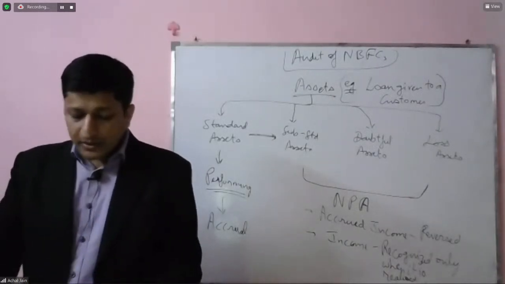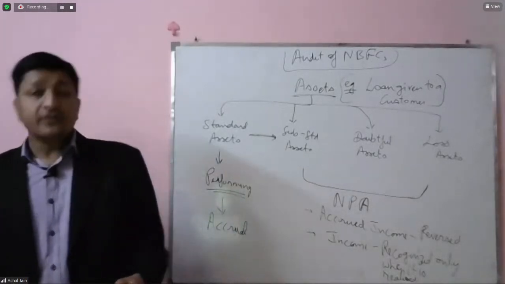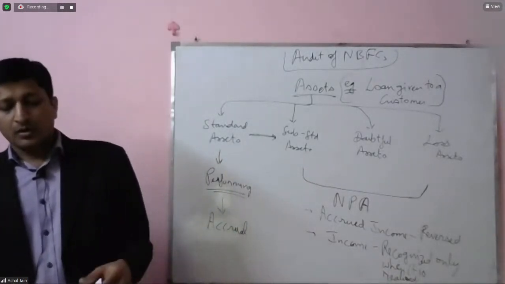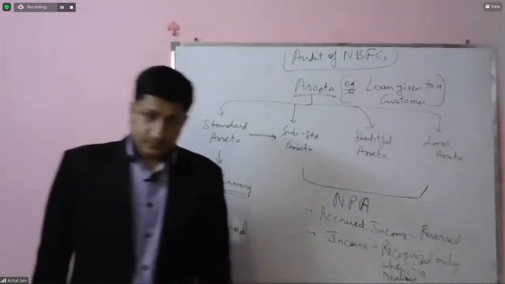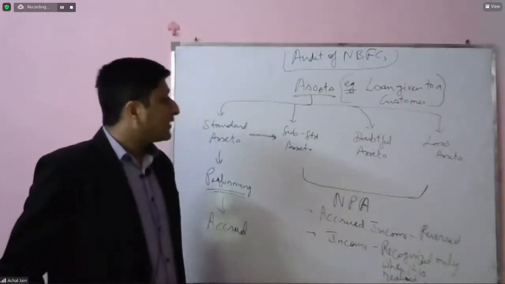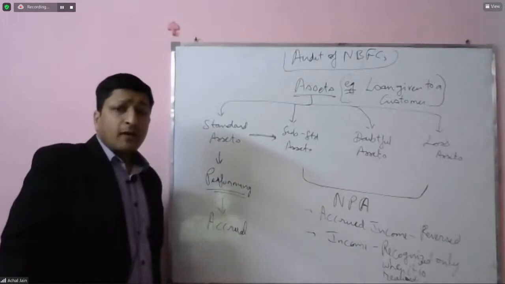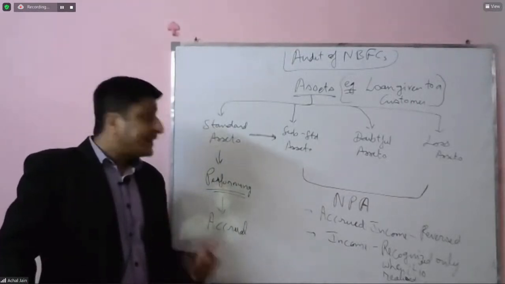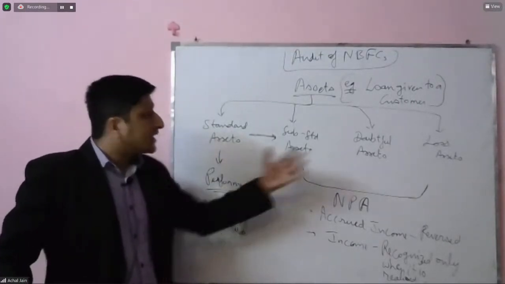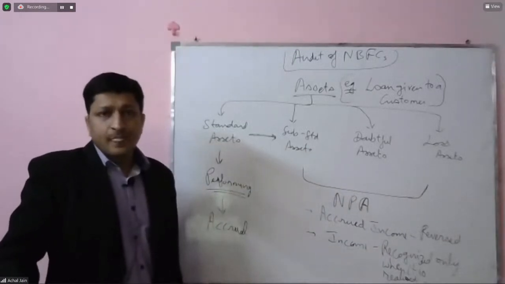Only then the auditor will be able to perform any of these procedures, otherwise not. Okay. So now we will get into a detailed understanding of all of these categories of assets. Okay.